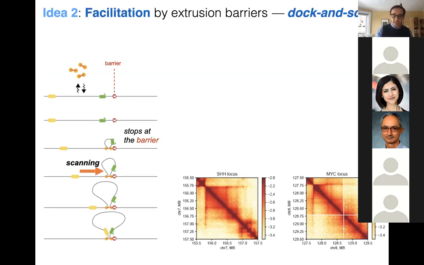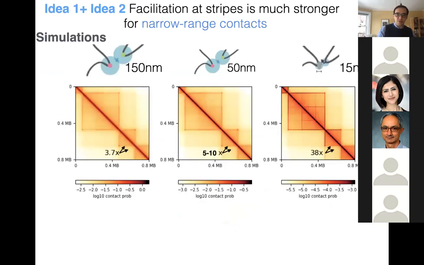Completely uniform loading of cohesin can generate this kind of maps. Cohesin can load anywhere, and it would start forming progressively larger loops until it hits the boundary, and then it continues forming the loop. So it doesn't need to load in specific places, and it doesn't need to unload at specific places.